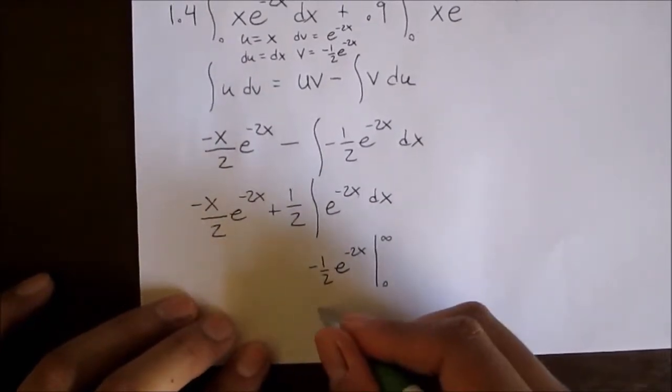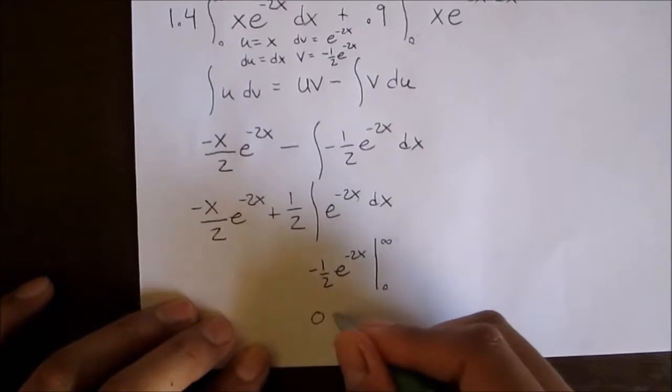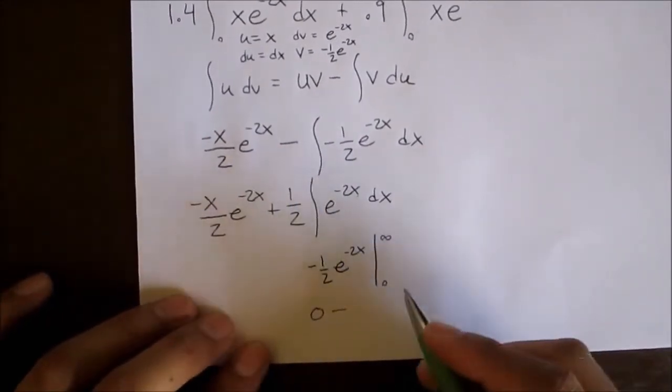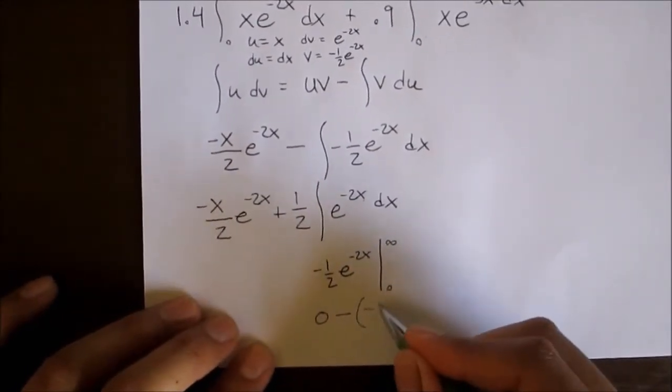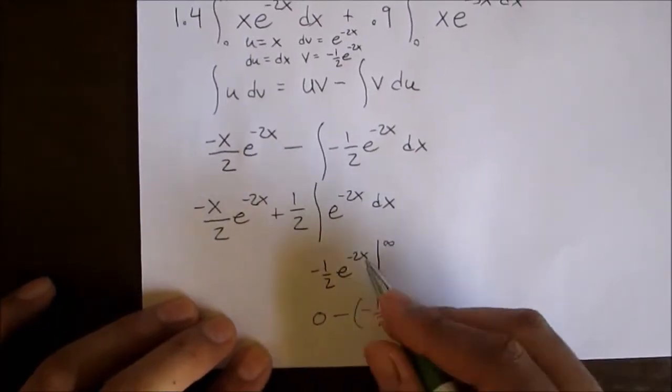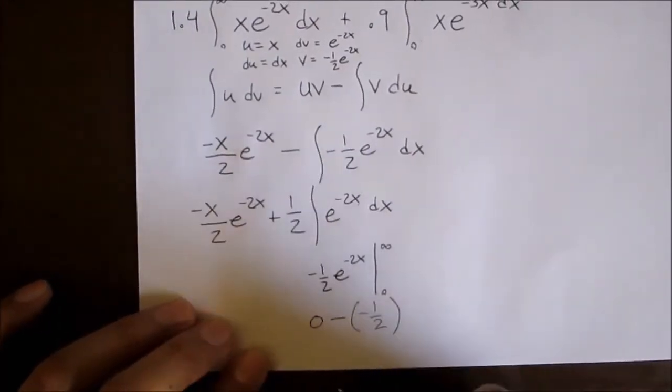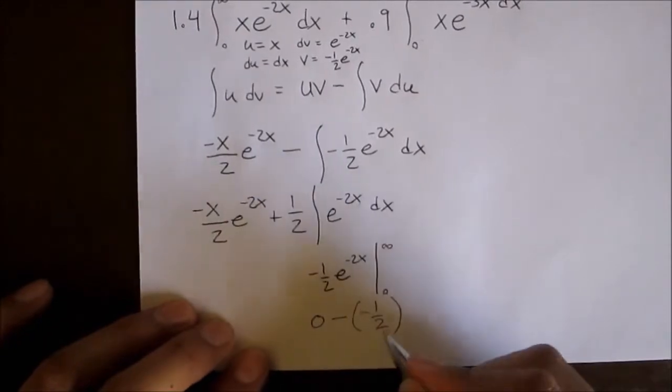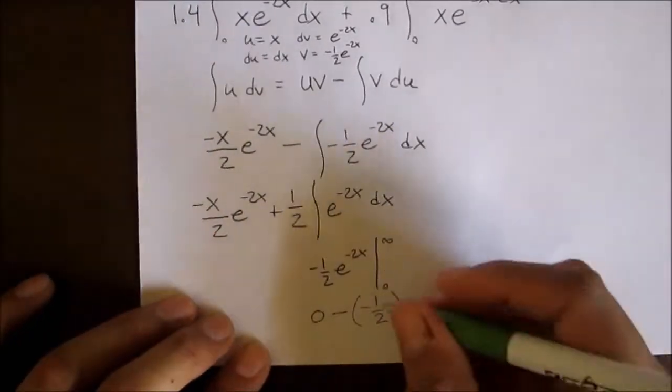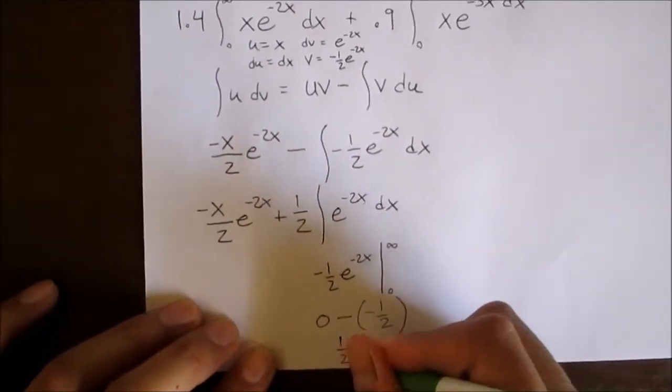So then that tells us that that's going to be 0 minus negative 1/2, but then e to the 0 power is just 1. So it's actually just going to be negative 1/2. And therefore it's just 1/2.